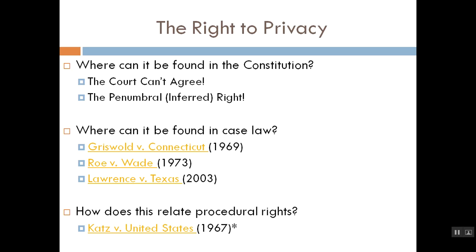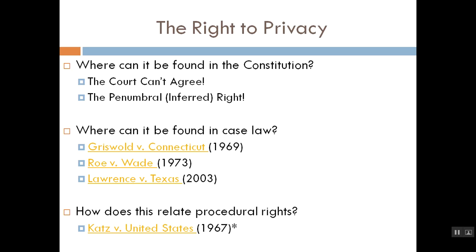Now, it's very difficult to explain this logic in either case. But if we look at Griswold, we can focus on, say, the 4th Amendment, which again protects us from warrantless searches and seizures. And the court argues that this implies a certain right to privacy. Now, there are dissenting opinions where justices and attorneys say, no, it doesn't.